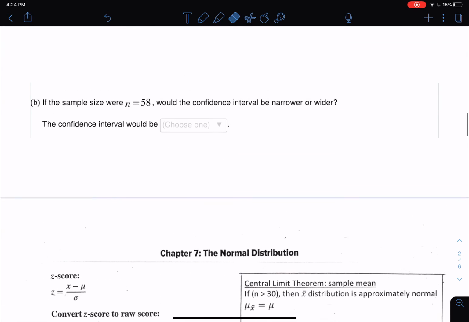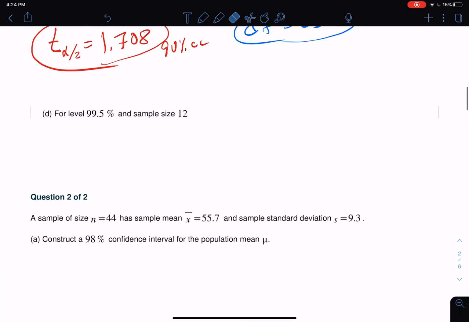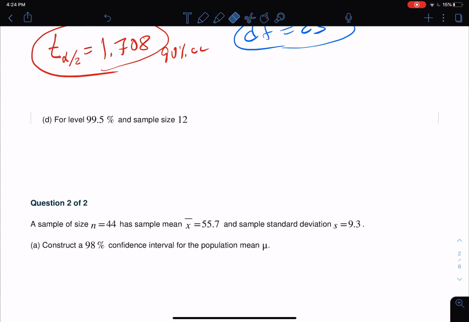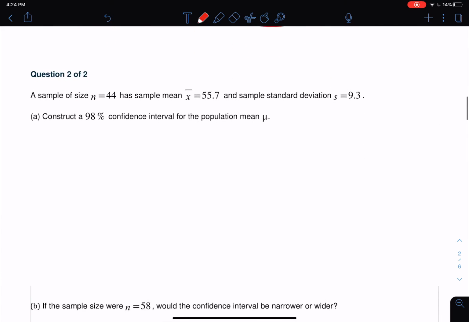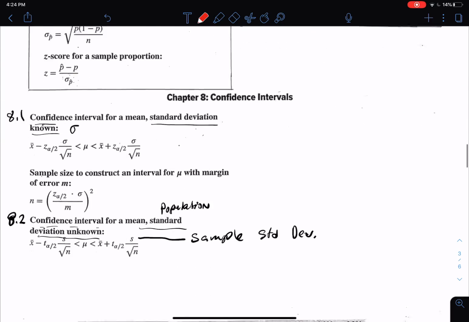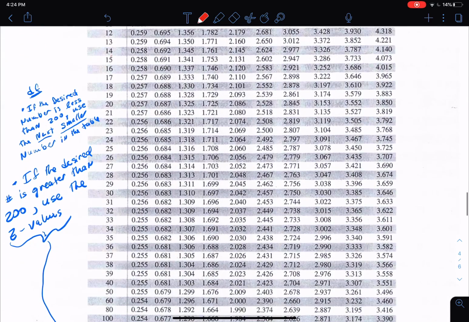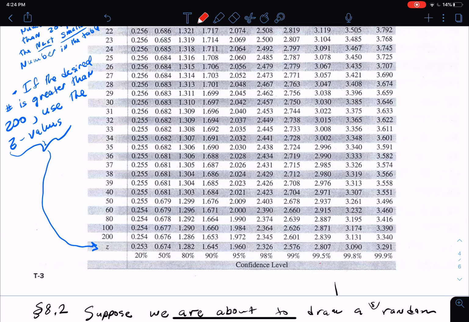Last critical value that we're looking for is part D. So we're looking for a sample size of 12. So degrees of freedom is 12 minus 1. Degrees of freedom is 11. So we're looking at degrees of freedom 11 and confidence level 99.5. 99.5 is right there.